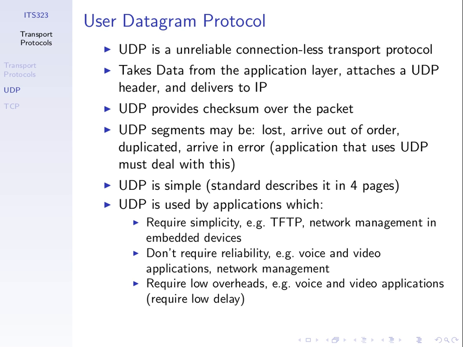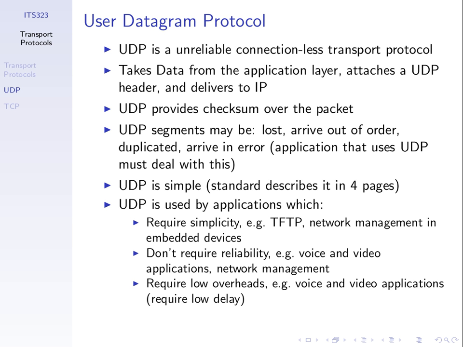Application data, UDP attaches a header, sends to IP. IP delivers across the internet. The receiver, if they receive it, removes the UDP header, sends the data to the application. Which application? Whichever the destination port number tells it to.